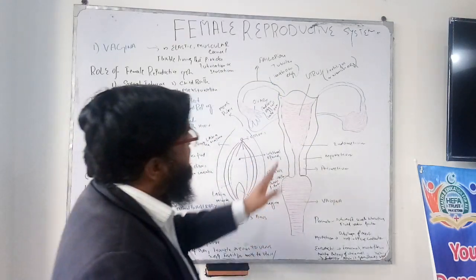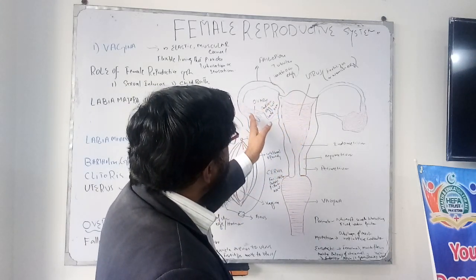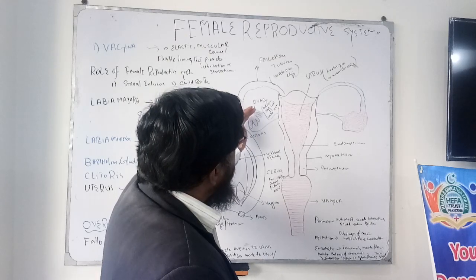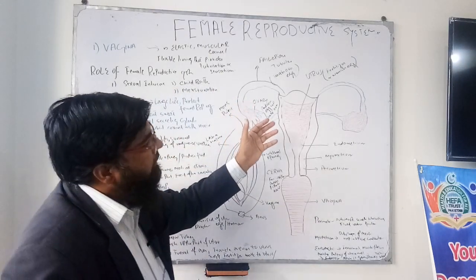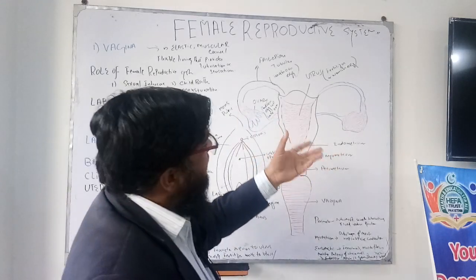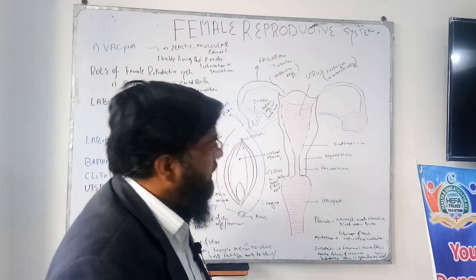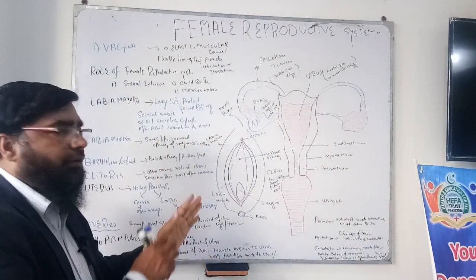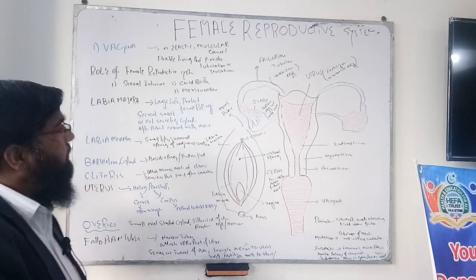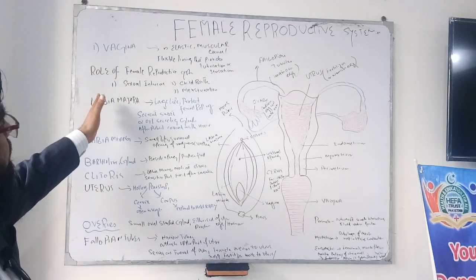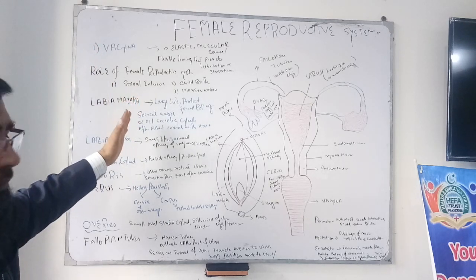So sperms enter and travel through the fallopian tubules and meet the ovaries, and the ovary produces eggs or ovum, fertilization occurs, and then the baby is nourished here in the uterus. So this is the diagrammatic view of this lecture. Now we will come towards the basic function of each part of the female reproductive system.